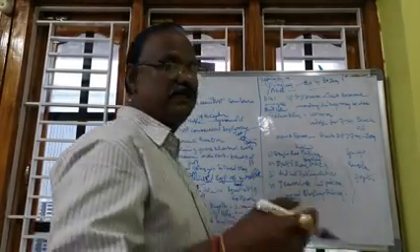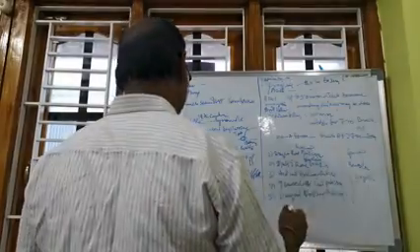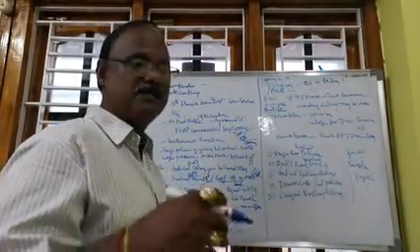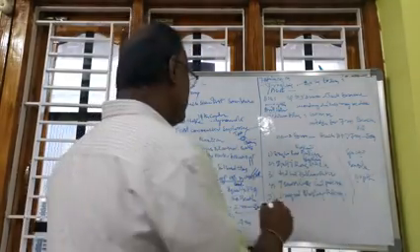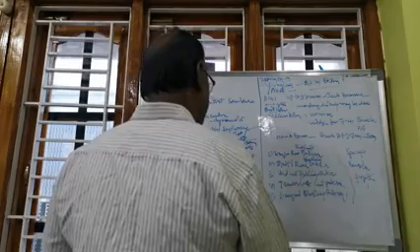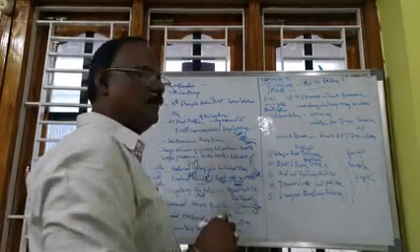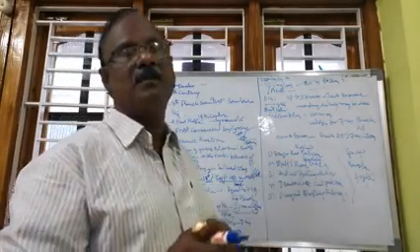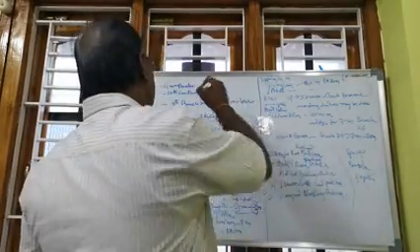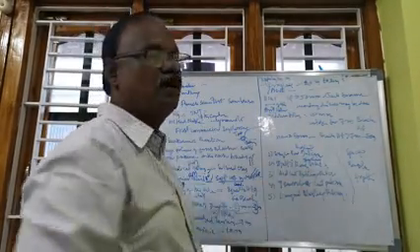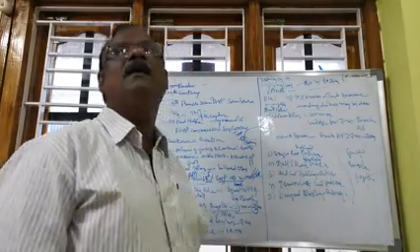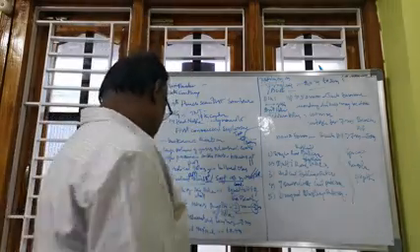The bench height is also 2 to 3 meters, and the depth of the drill hole is 2 to 3 meters in the manual mines, in open cast mining.